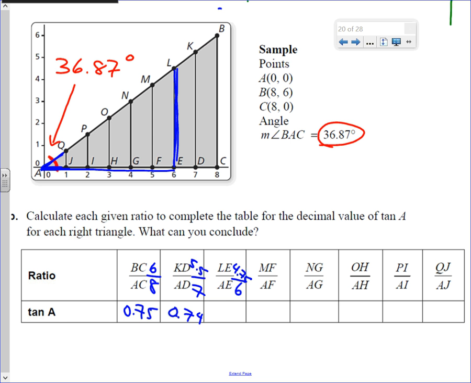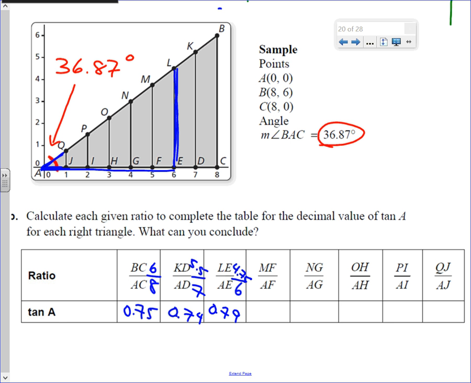4.75 divided by 6. If I type that in, where's my calculator? I don't know, man. Let me get my calculator. 4.75 divided by 6 is 0.79.